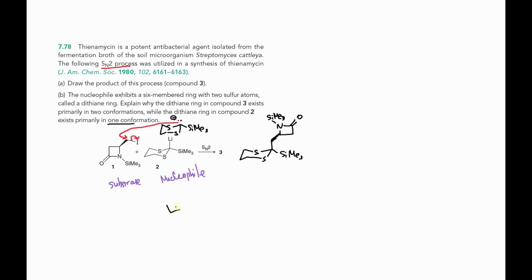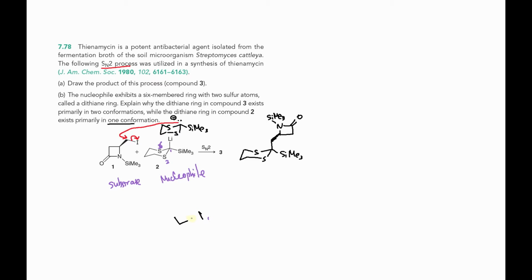Okay. So if I do this right, you remember that if we call this carbon 1, that's going to be 2, and our sulfur here is actually 6. So 3, 4, 5, 6, and then they come back to 1. Let me redraw this. If I flip this, that's going to be here, carbon 1.